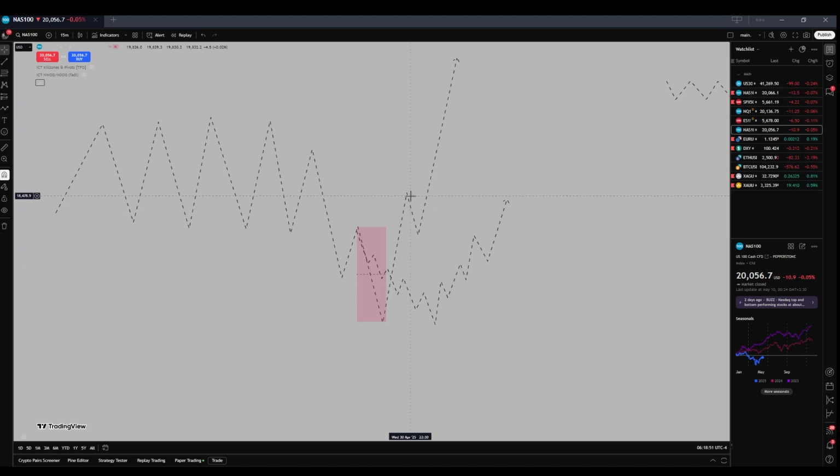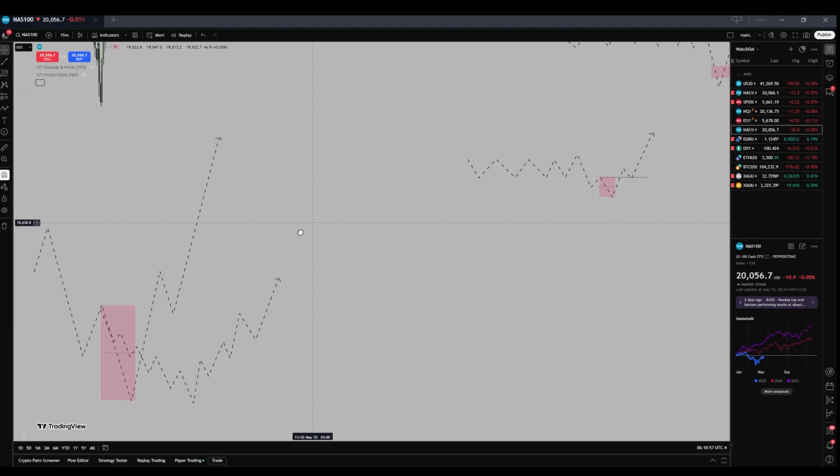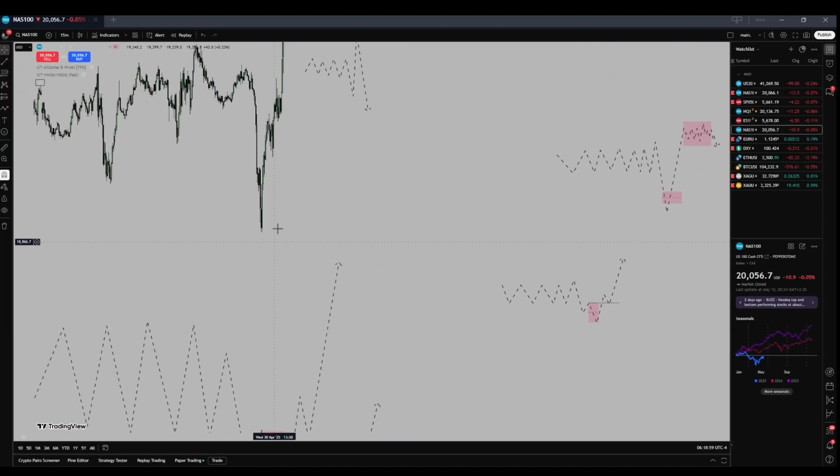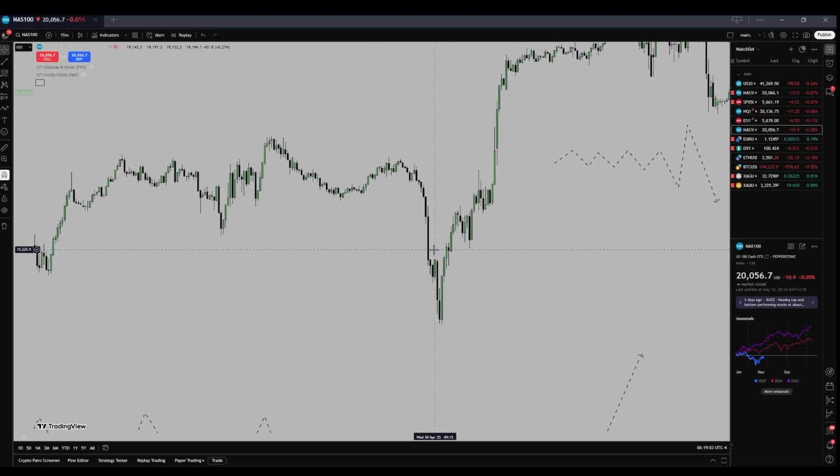Now I'm not going to go in very depth because this is one of my premium teachings that I teach privately. The understanding is kind of difficult, but I'm just going to say this, for example, this low here, that became an order block. On a lower time frame, this could be a breaker block. On a lower time frame, this could be this or that.